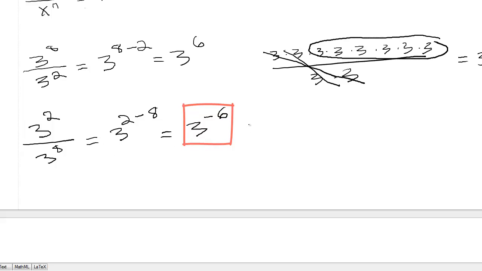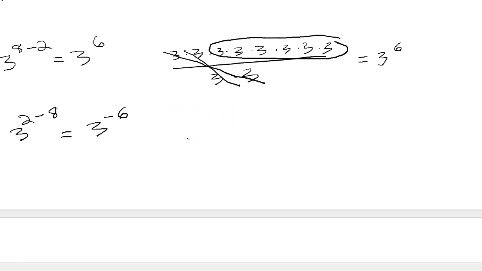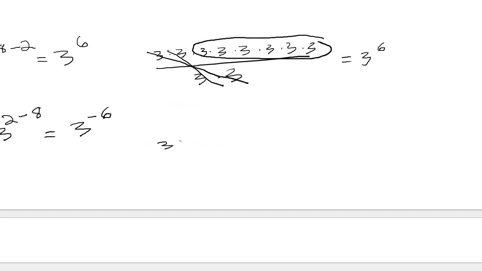Well, it's better to, again, look at the expanded form, because now the 3's are on the bottom and then the 2 are on top. Well, what would cancel out? All the top cancels out. And well, what does that mean?